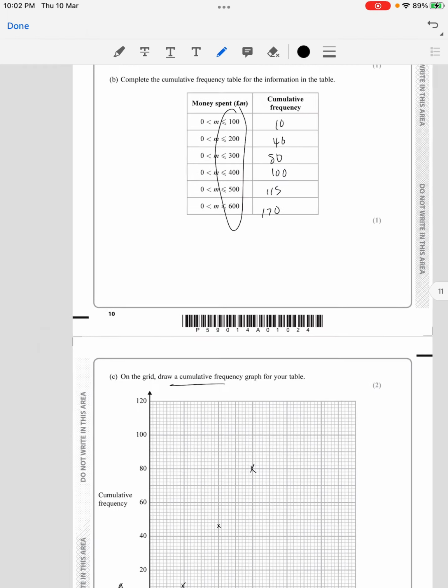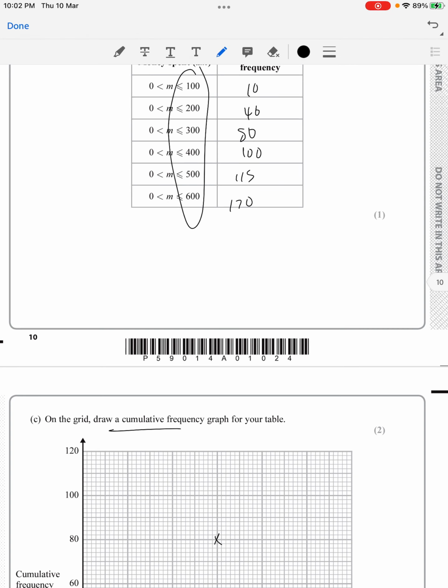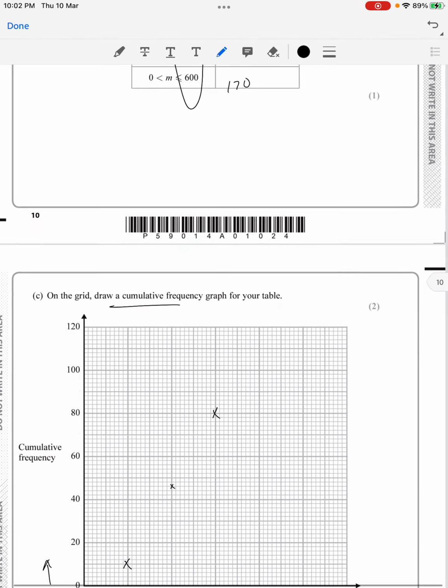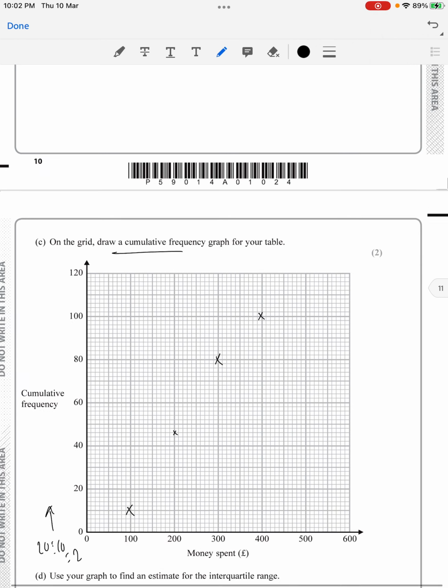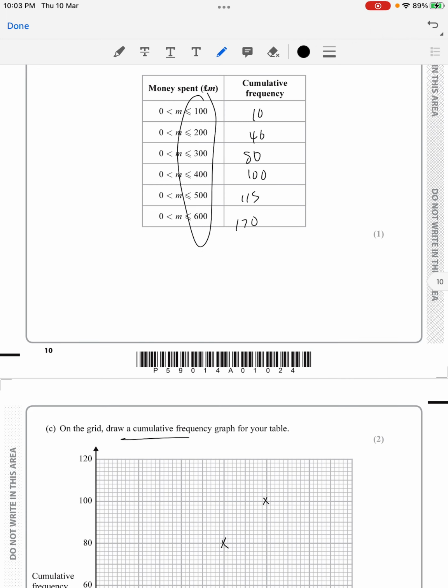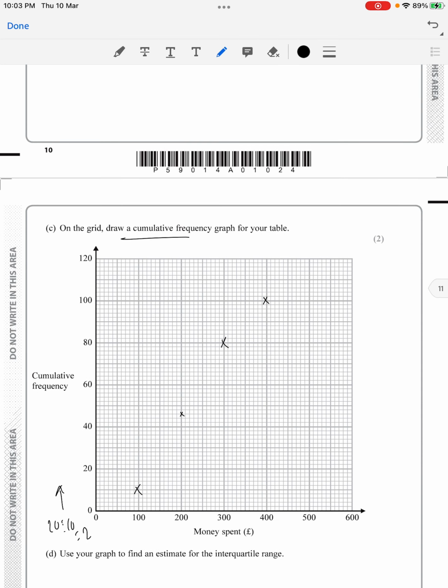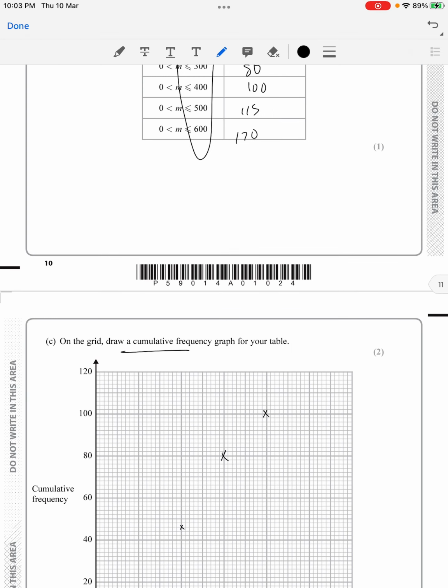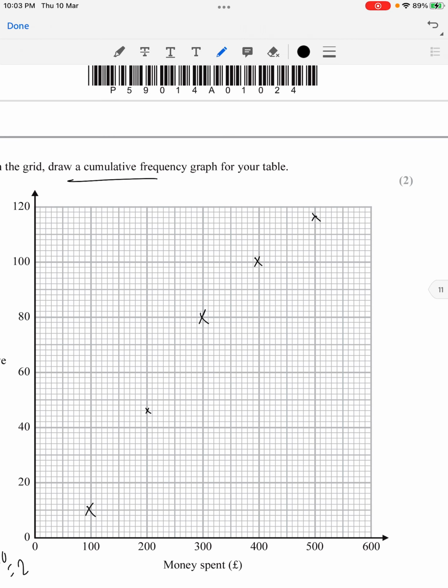Pretty simple, clear and crisp. Then you have 400 comma 100, which should also be found easily. Then you have 500 comma 115, which should also be pretty easy to find. 115 should be 2 squares below that.